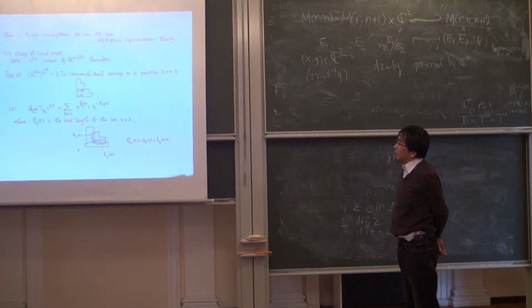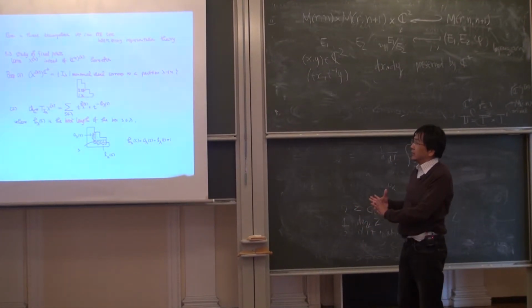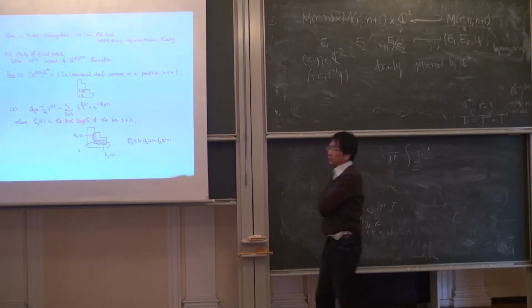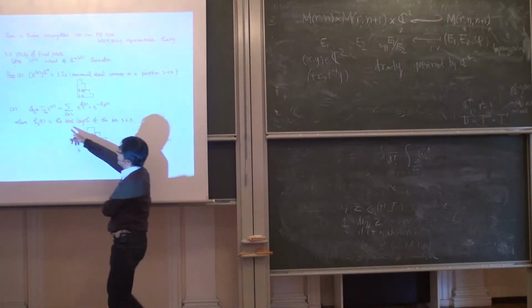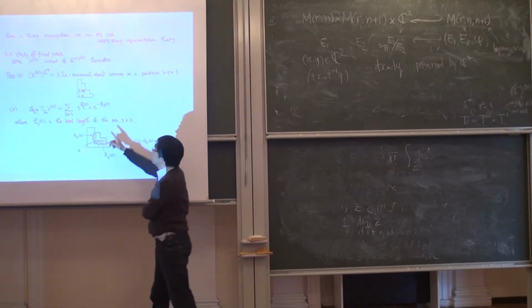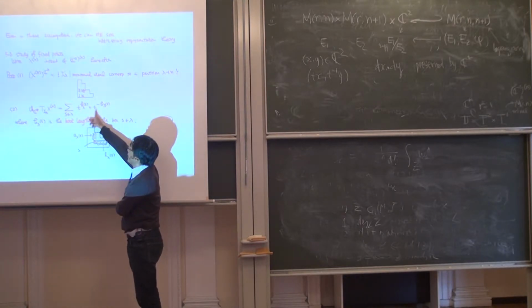And you can also study the tangent space of the Hilbert scheme at the fixed point. Because it is a fixed point, it is a representation of C star, so you can compute the character, and its character is given by this formula.